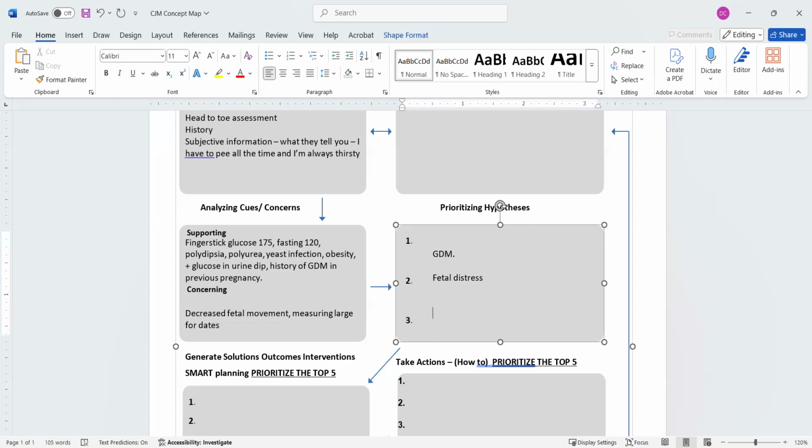Maybe they're just dehydrated. That one might not fit because if they have glucose in their urine, that really just doesn't fit so well. But definitely diabetes would fit with all of those supporting and concerning cues.